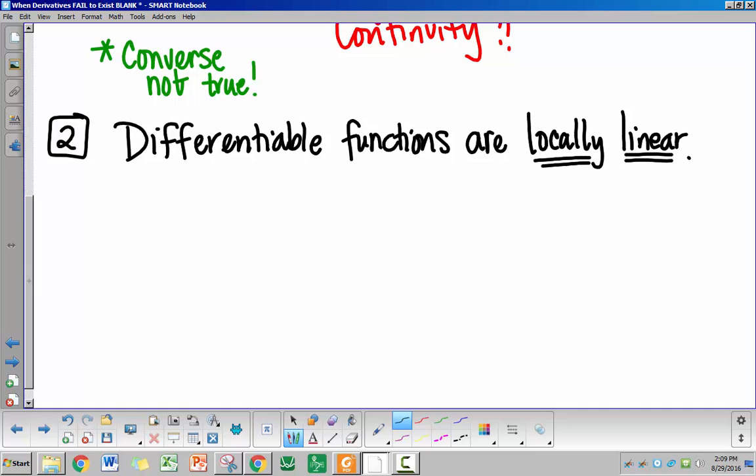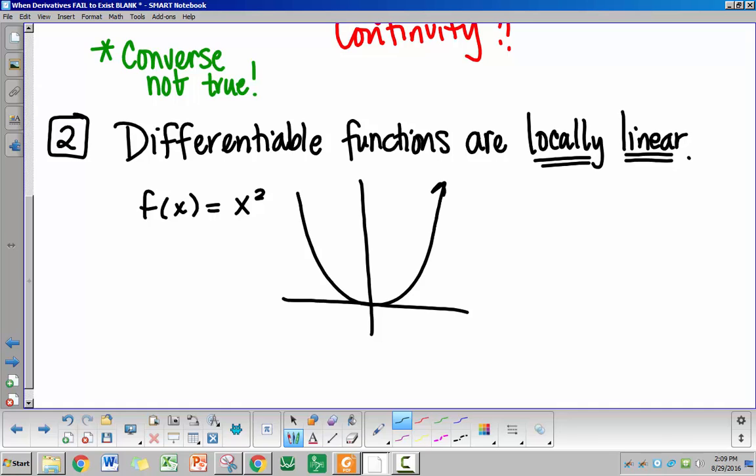Now, that's a concept here, and I'm going to use f of x equals x squared. Because this is a continuous function that I can take the derivative of everywhere, meaning it has no corners, cusps, vertical tangents, or discontinuities, right? It's a nice smooth polynomial.